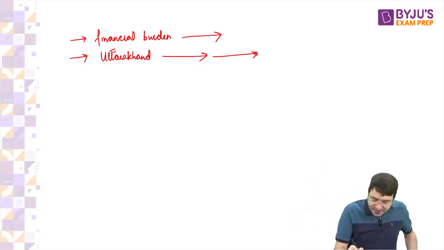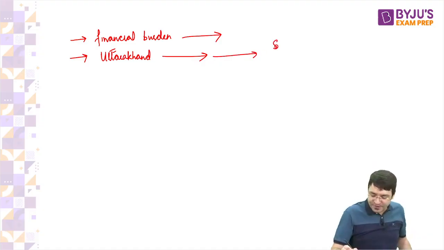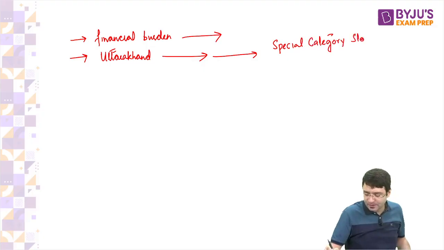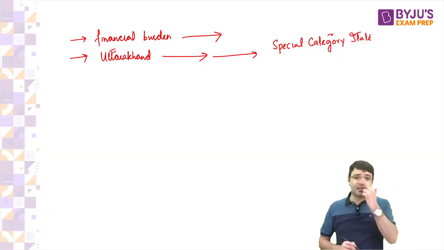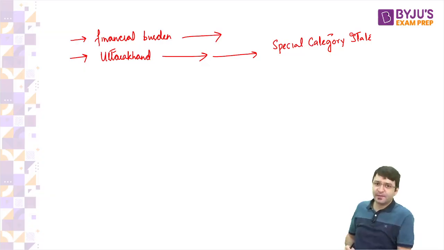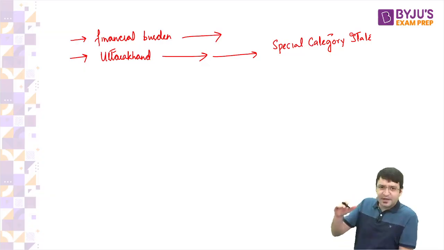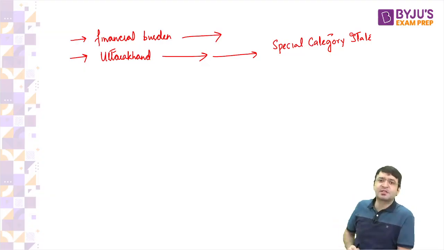But Uttarakhand is developed because of its special category status. What is special category state status? For example, there are some centrally sponsored schemes, some schemes launched by the central government.